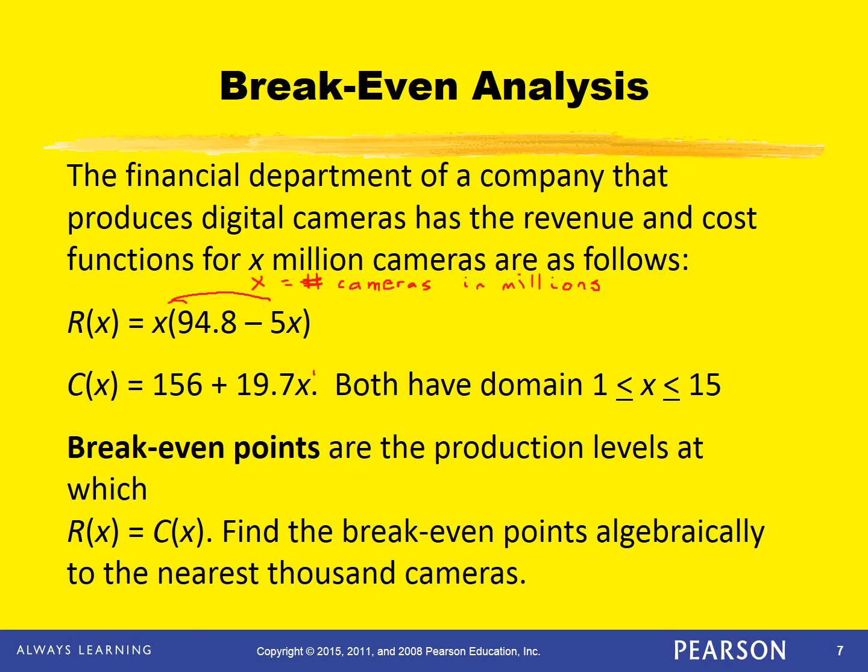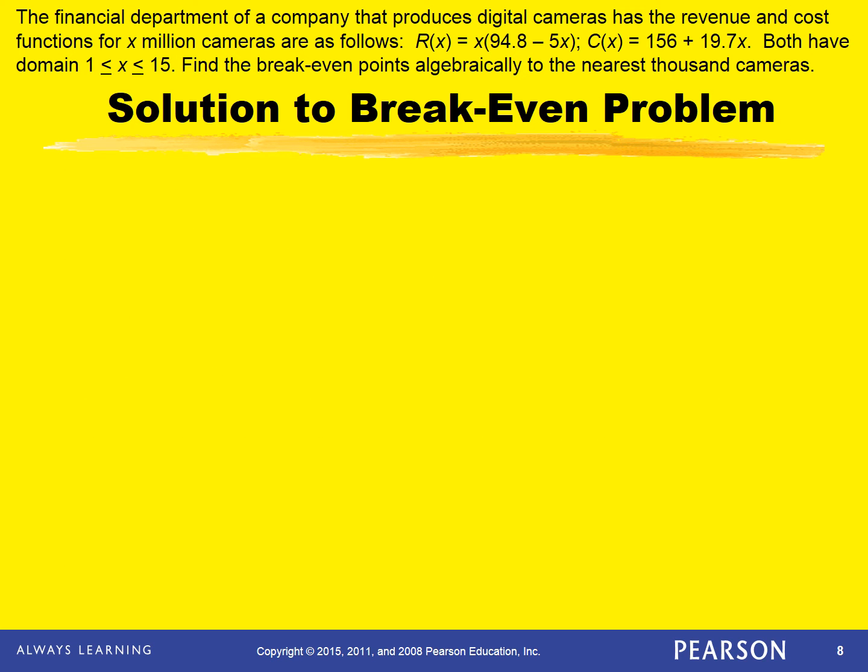So x is in millions, so if it's to the nearest 1,000th, in millions, that's 6 places. 1,000 is 3 places, so we're likely to have 3 decimal places in the answer, 6 minus 3. Well, we're going to set the two things equal to each other.